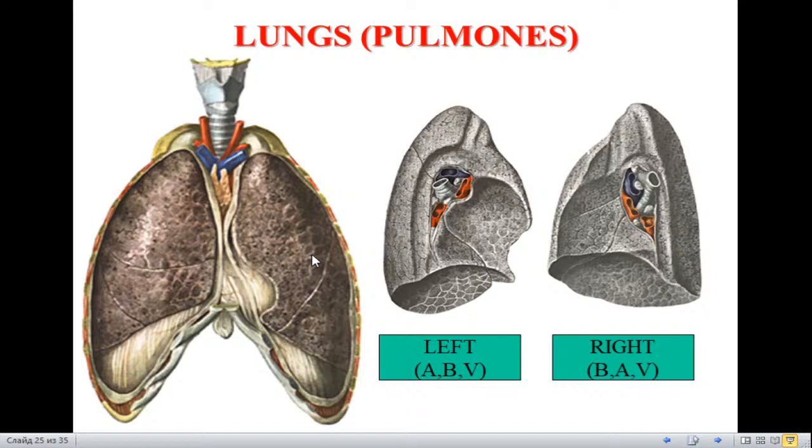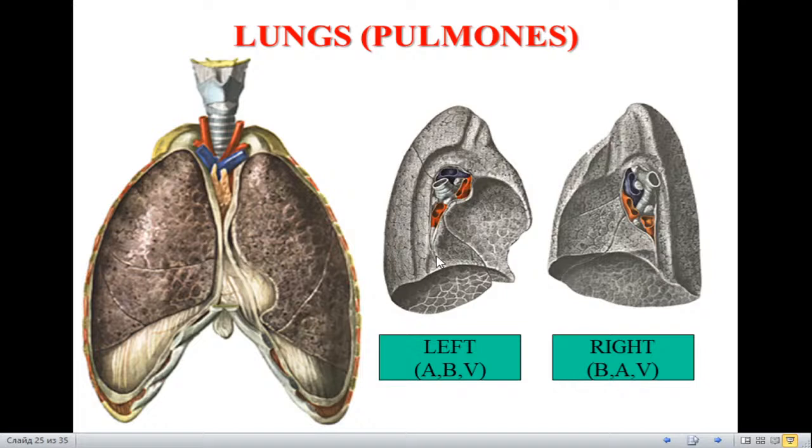So in general, the lungs have an apex and surfaces, which are the mediastinal surface, the costal surface, which faces the ribs, and the diaphragmatic surface, which is closely connected to the diaphragm.